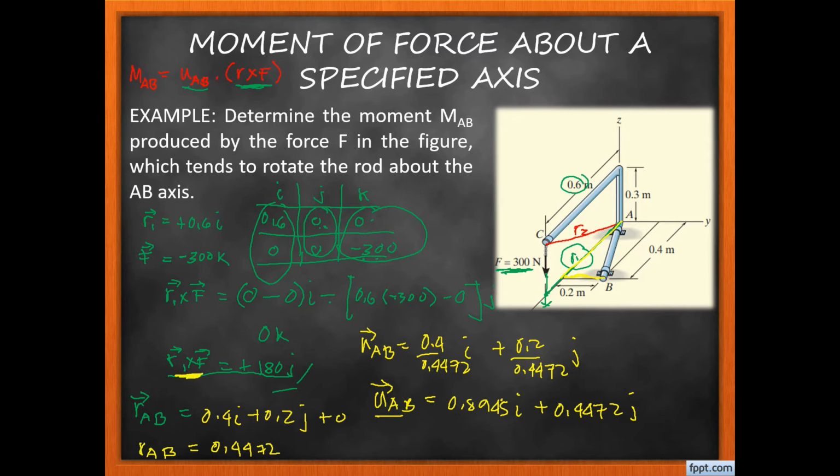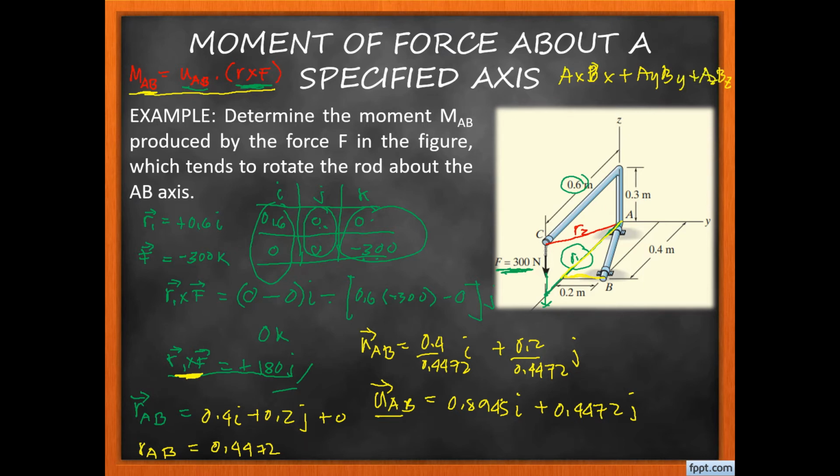So, pwede na natin gamitin itong formula natin para sa moment na equals unit vector AB dot R cross F. And tatandaan natin yung formula natin nung nakaraan para sa dot product is equals to AX, BX, plus AY, BY, plus AZ, BZ.